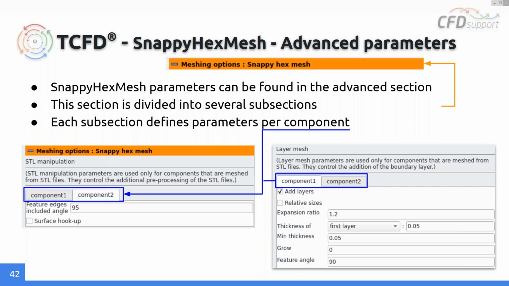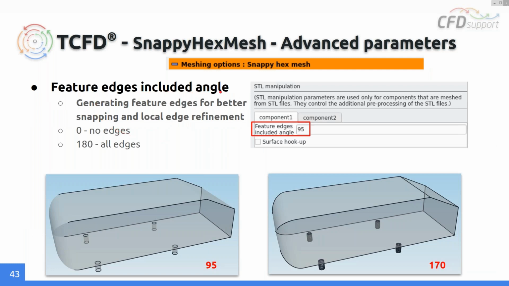The first one you can set is, for example, feature edges included angle, which is a feature that runs behind the scenes and generates so-called feature edges, which help SnappyHexMesh to snap the mesh better to the sharp edges, and you can also use it for local refinement at these edges.